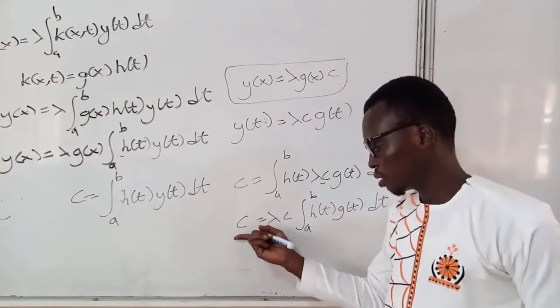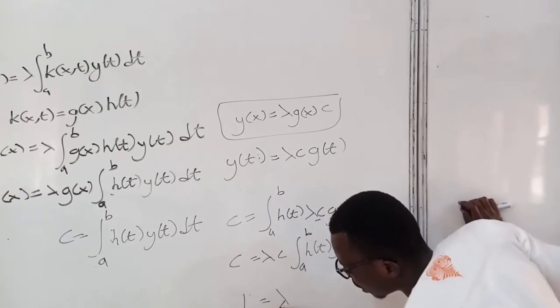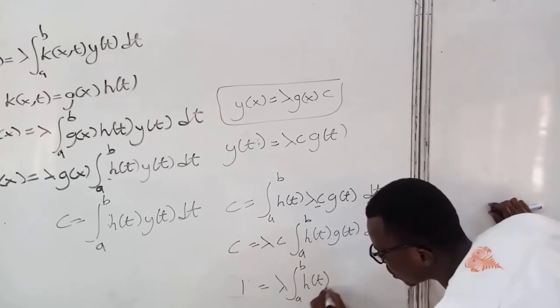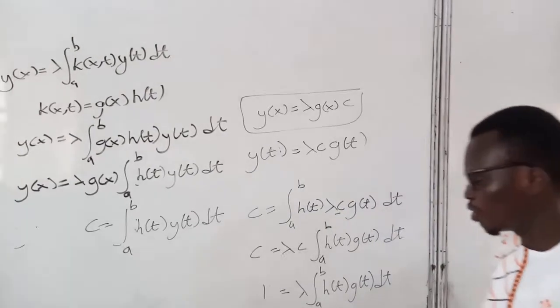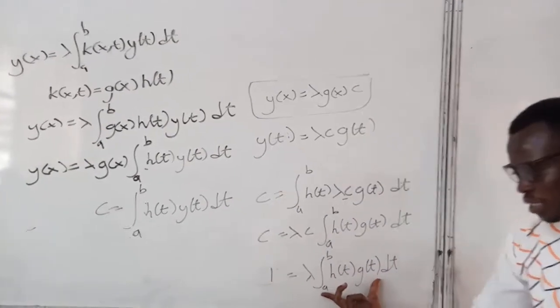Now let's divide both sides by c. The equation becomes 1 equal to lambda times the integral from a to b of h(t) g(t) dt. Now we can solve for the eigenvalue by dividing 1 by this integral.